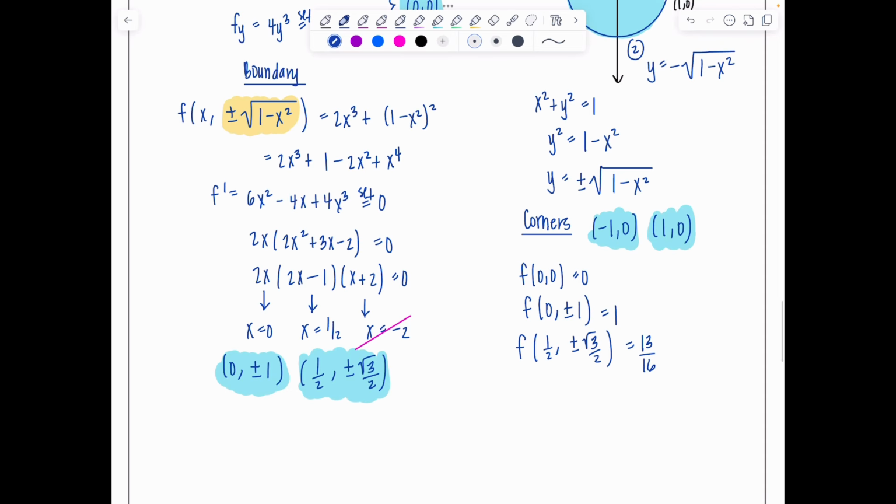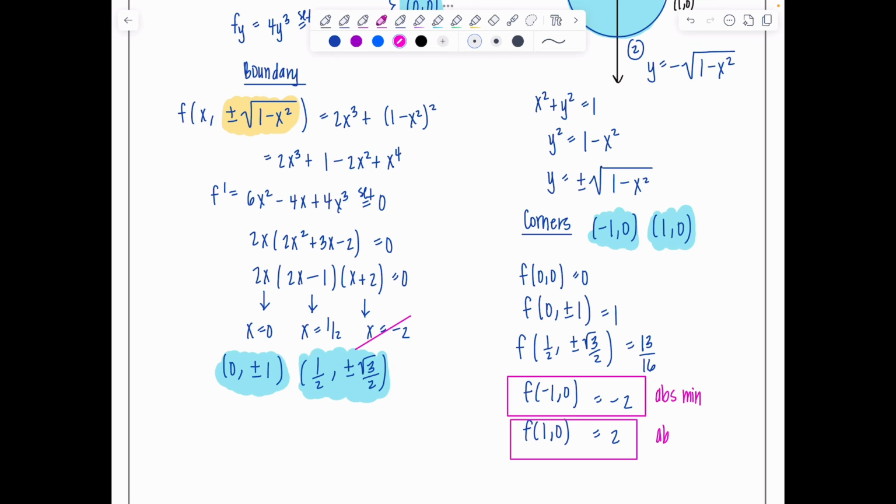And then f of (-1, 0) is negative 2. And f of (1, 0) is positive 2. Oh my goodness, the corners. It was all about the corners. And had you not been able to identify them, you would not have gotten the correct answer. So there's our absolute min, and I don't know what I was attempting to do there, guys. That's the absolute max. Good?